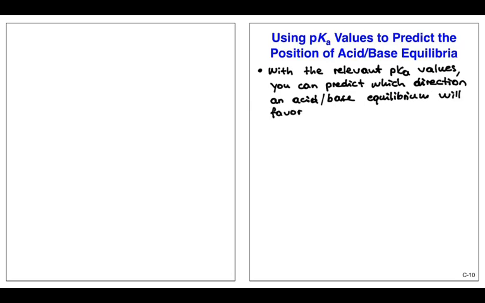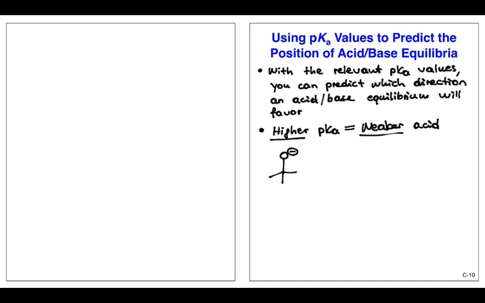You need to learn first to look at the reaction and figure out which partners in an acid-base reaction are the acid and the conjugate acid, and which partners are the base and the conjugate base. And then you need to find the pKa values that you can use to predict which side the equilibrium will favor. In general, recall that a higher pKa value means a weaker acid.